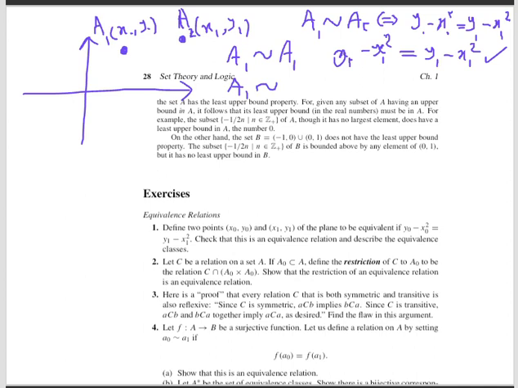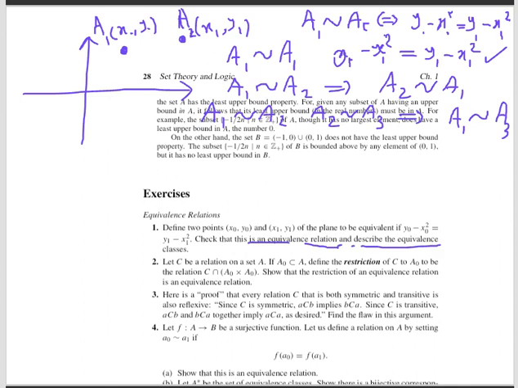It has symmetry: R2 is symmetric with R1, and R1 is symmetric with R2. If R1 has a relation with R2 and R2 has a relation with R3, then we can say that R1 is equivalent to R3. Okay, I checked this for you. It holds. But what are the equivalence classes?